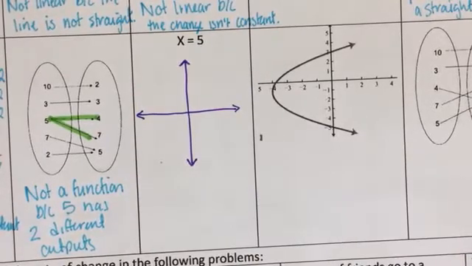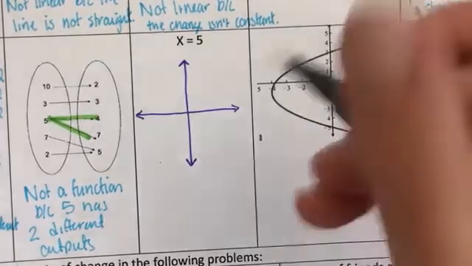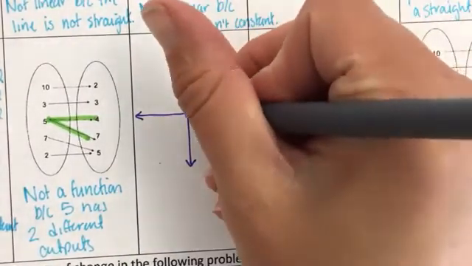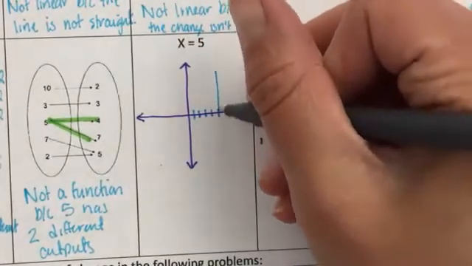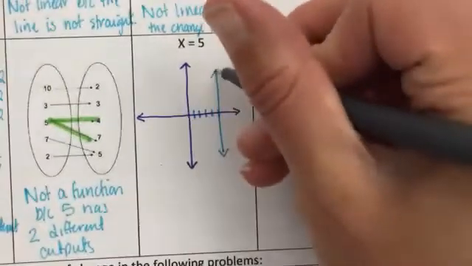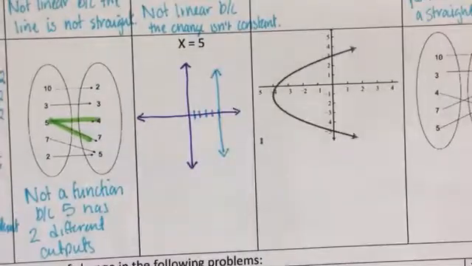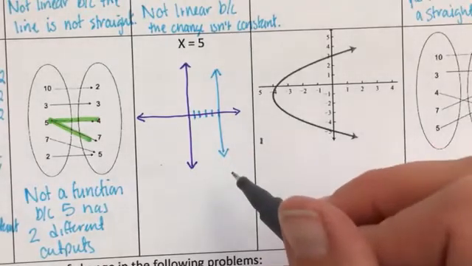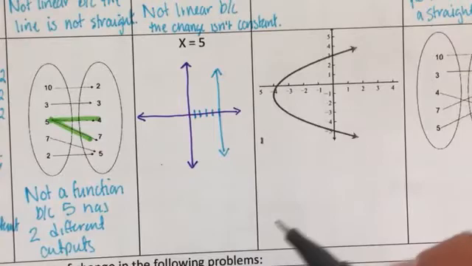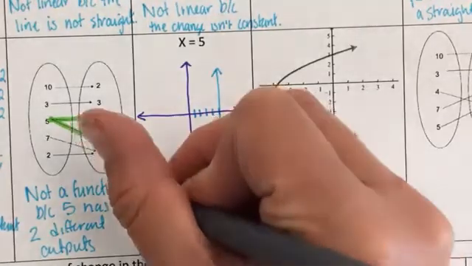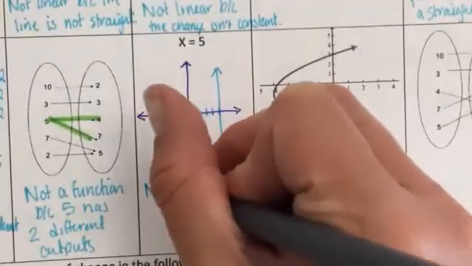X equals 5 is going to cross the x-axis at +5. Like this. Do you think this is linear? No. Okay. So not linear.